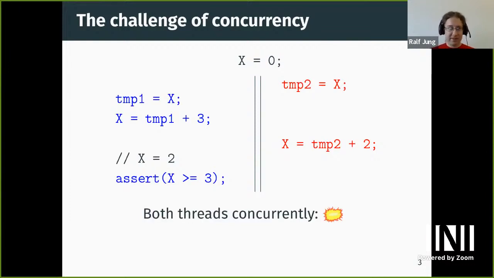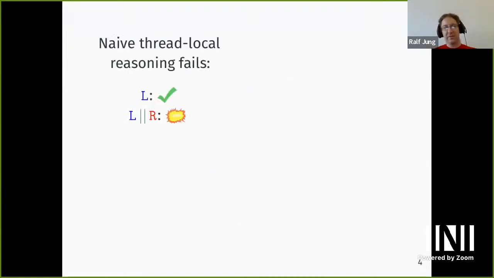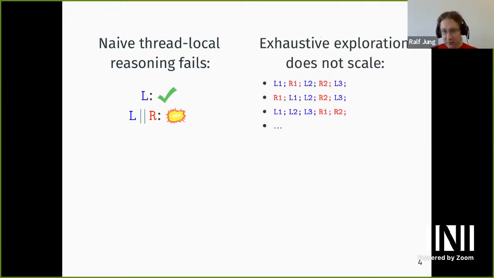So what this simple example demonstrates is that just naively doing thread local reasoning in a concurrent setting doesn't work. At the same time, just naively exploring all possible executions also clearly will not work, because there are exponentially many of these executions. So we can't just do straight up exhaustive state space exploration.